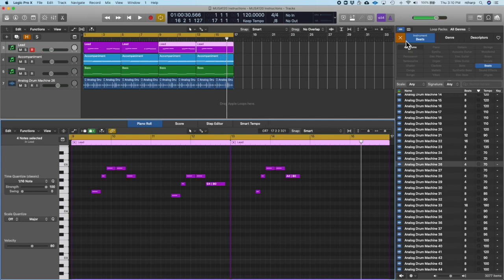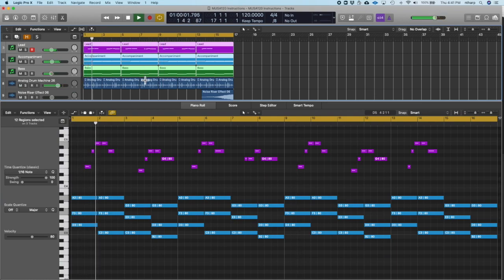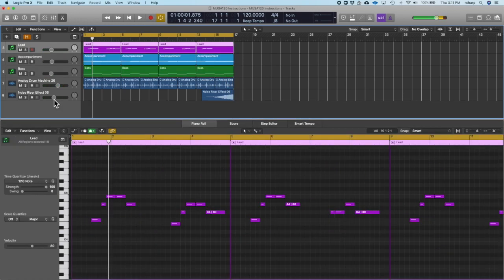Let me just do that real quick. So there's a real easy way to make a melody right there.